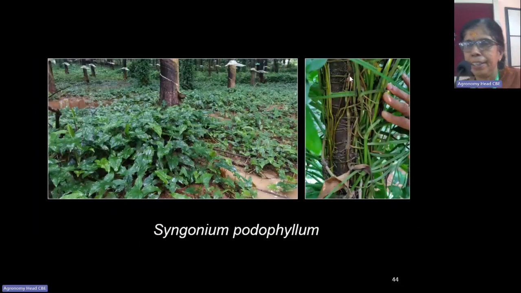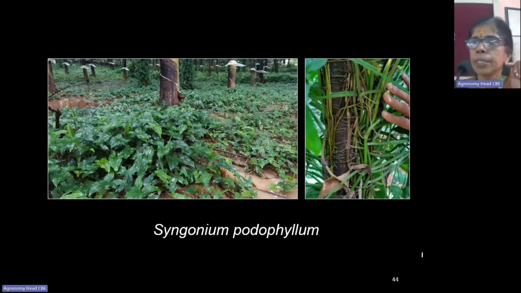This I have already discussed. Syngonium. See how it clasps a tree trunk. Though it seems epiphytic, epiphyte means it is not a parasite. It climbs on the tree for support.